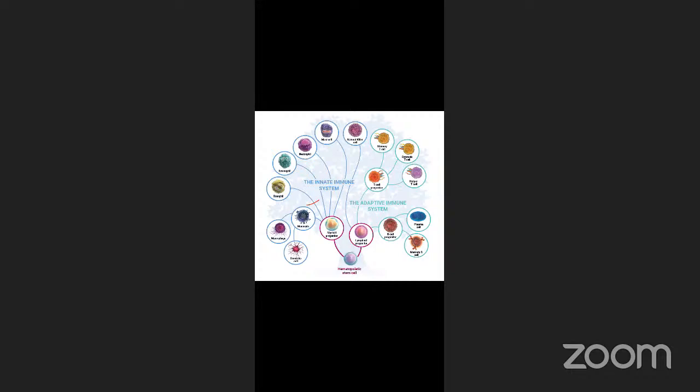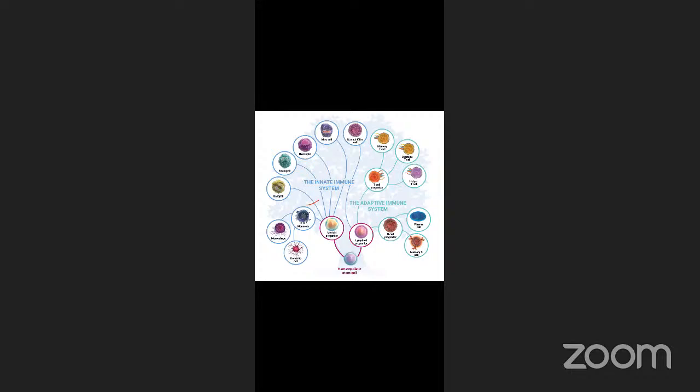In the white pulp, areas rich in T cells and dendritic cells are there. The marginal zone is rich in B cells, which encounter the antigens.